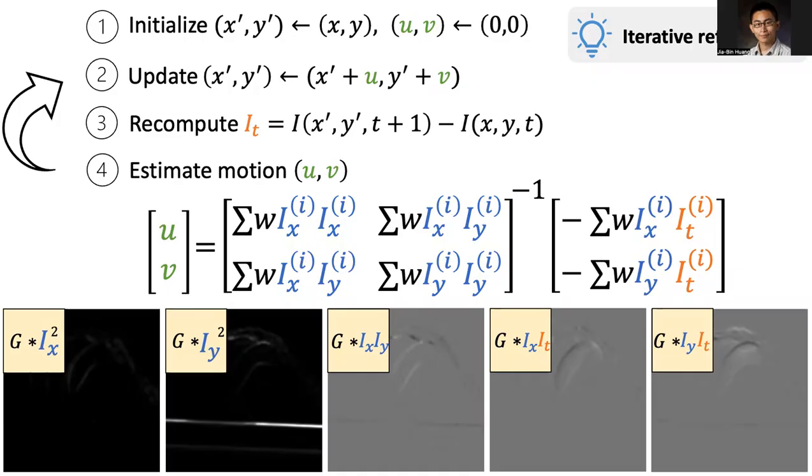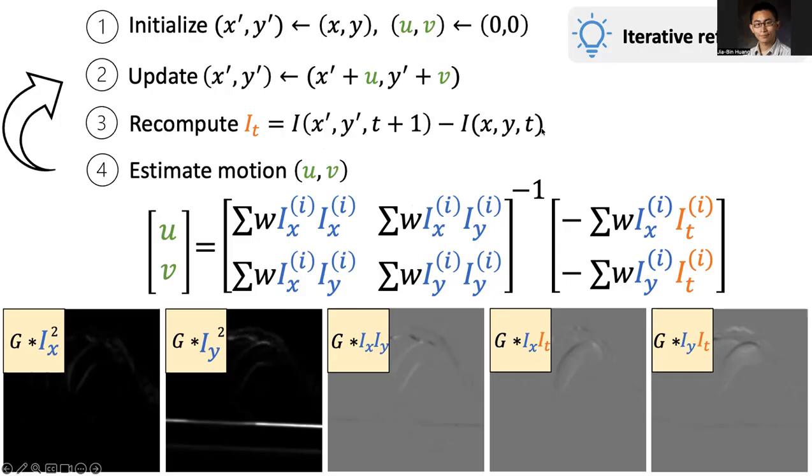In general, it will converge to the actual motion. Imagine this: the temporal gradient is the corresponding pixel on the next frame, x prime, y prime at t plus 1, minus this point.